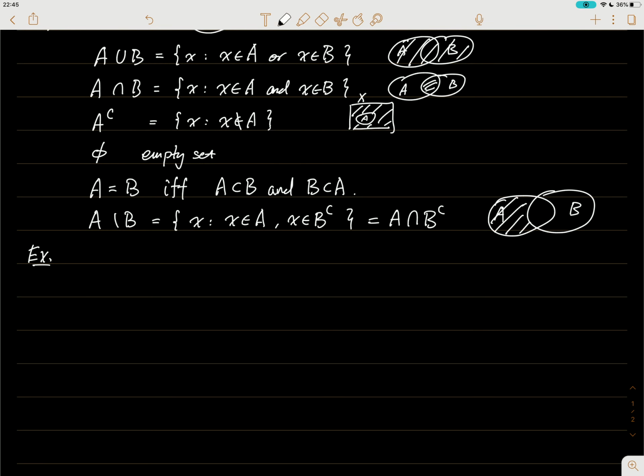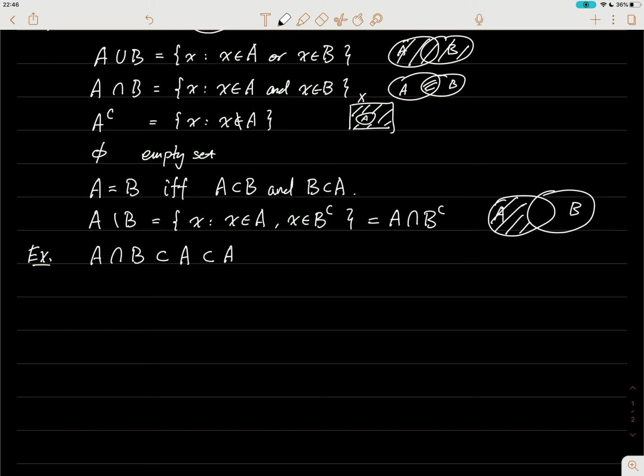Okay, when you take the intersection of two sets, you will always get a smaller set, or at least it cannot be increasing, right? So if we take the intersection of A and B, then this set will be contained in A and also in B. And if you take the union of A and B, then you will not get a smaller set. It will just have more elements included.